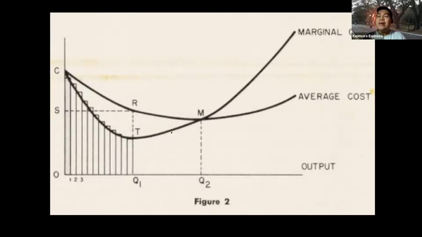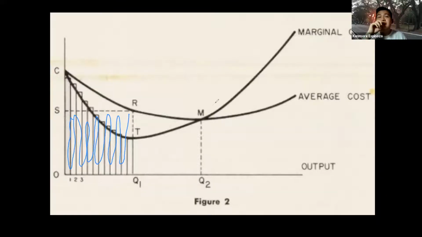So for average, the total is just the area of the rectangle corresponding to a point in your average curve. So your total is itong blue. Okay, yan na lang natin. At your total at quantity 1, Q1, is this area.